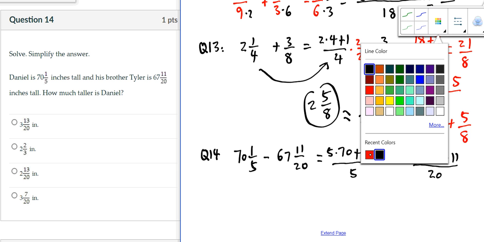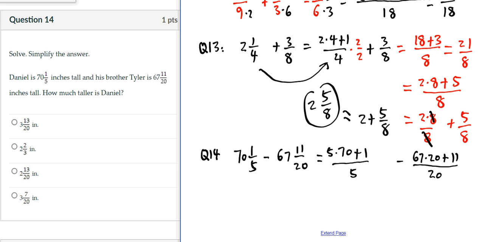denominators are not the same. So what can we do? Here is 20. Here is 5. What do we need? 4. 4 times 5 is 20. Now, we have 5 times 70, that's 350 plus 1.